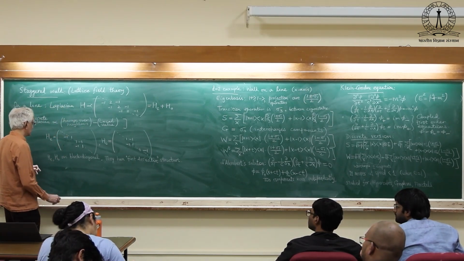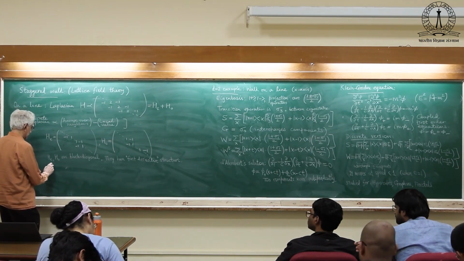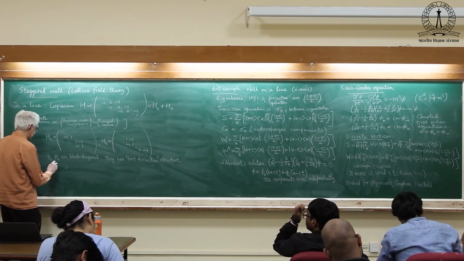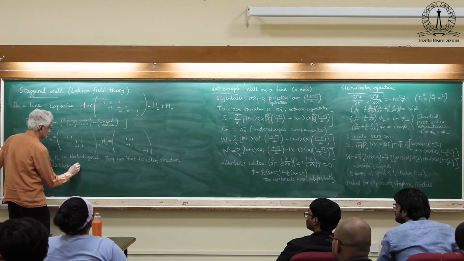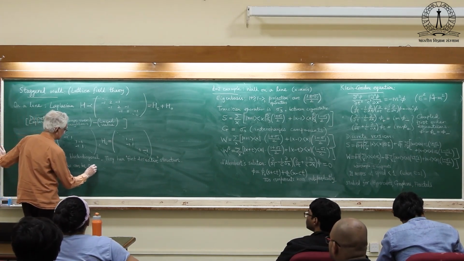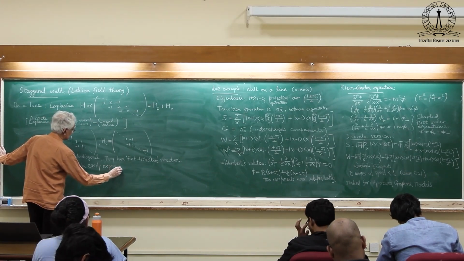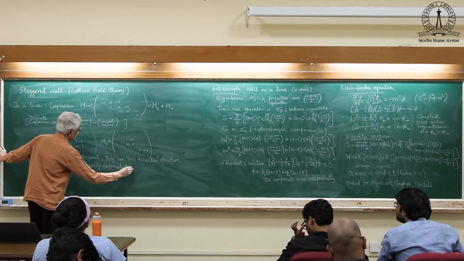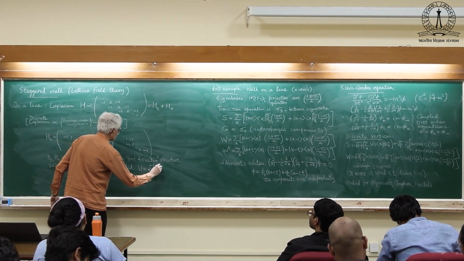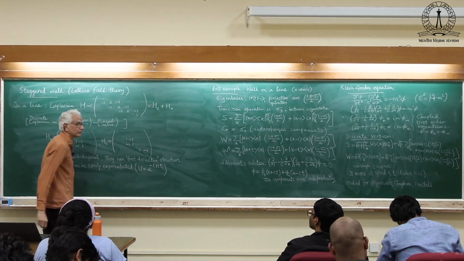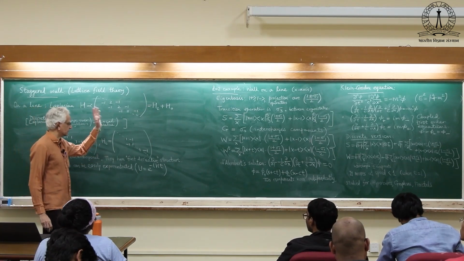So the two advantages. What is the advantage of a block diagonal structure? So these 2 by 2 blocks you can exponentiate very easily, whichever way you want.